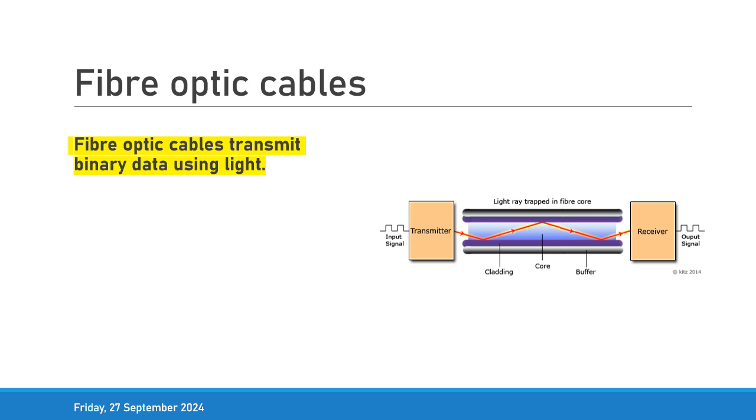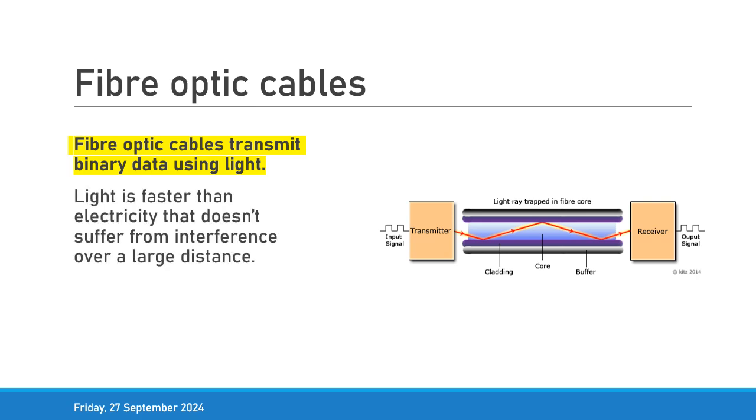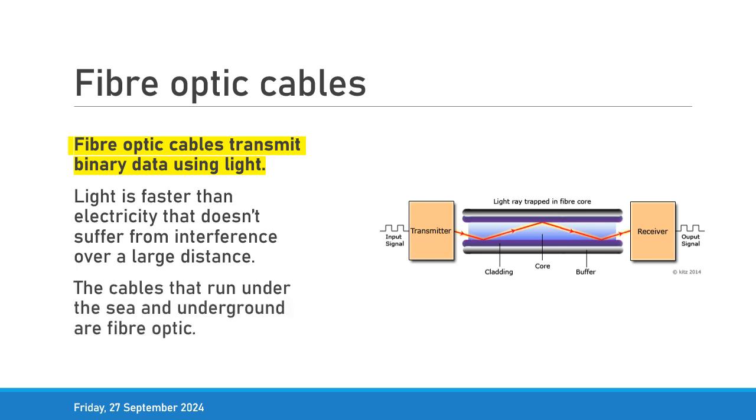Fiber optic cables transmit data using light, and light is much faster than electricity. And it never degrades, which is why all of the cables that you see underground or under the seabed are actually fiber optic cables, transmitting ones and zeros from one continent to another.